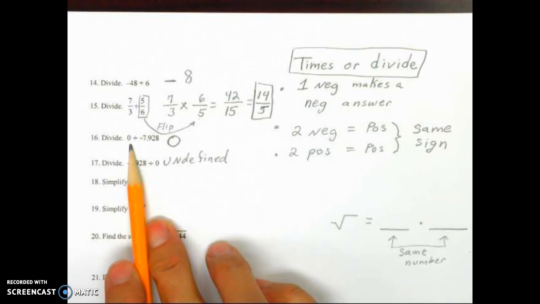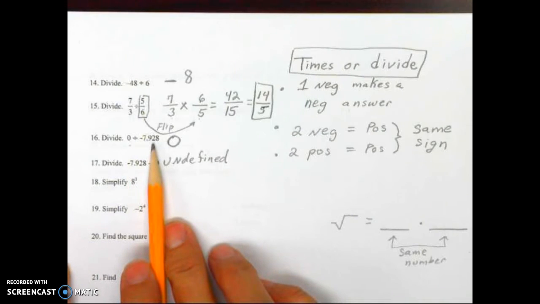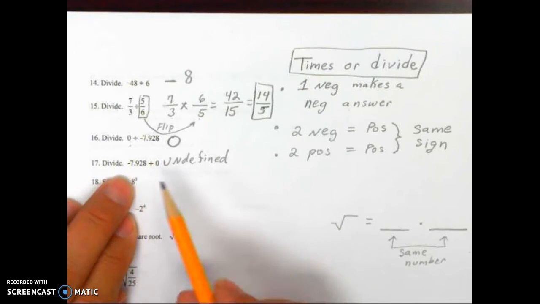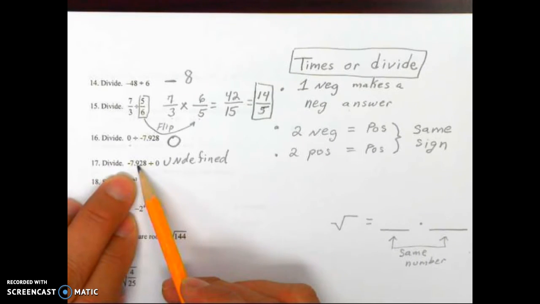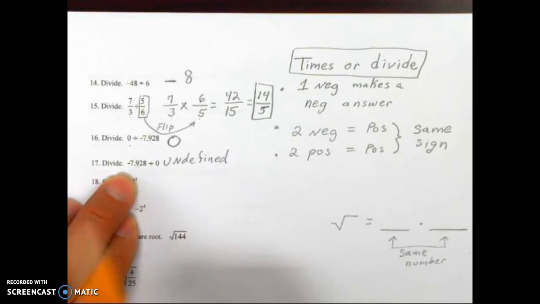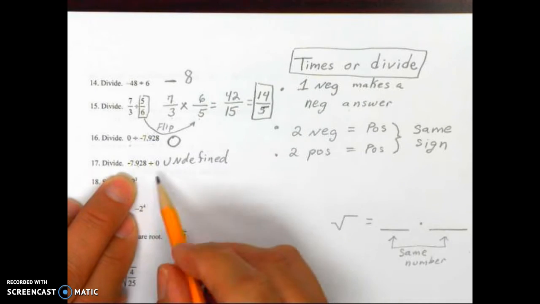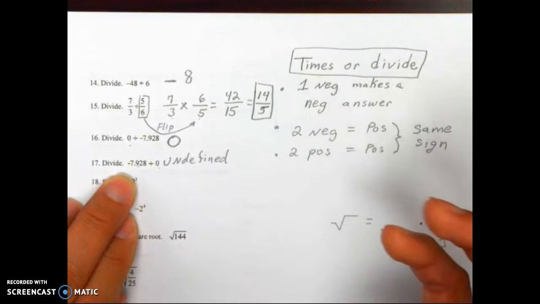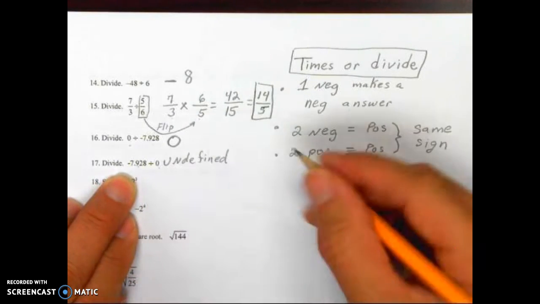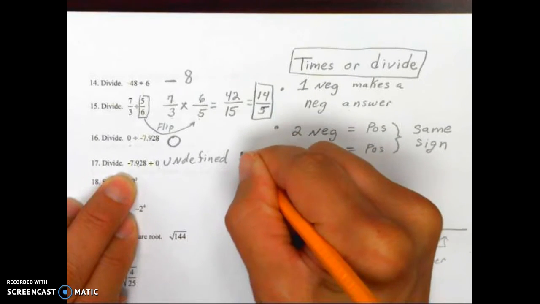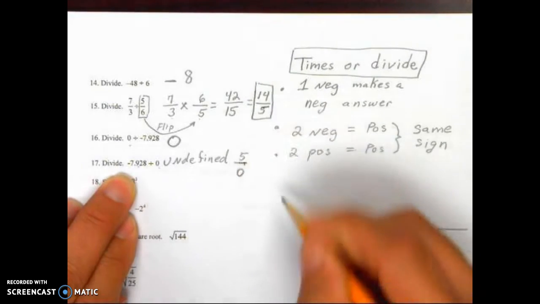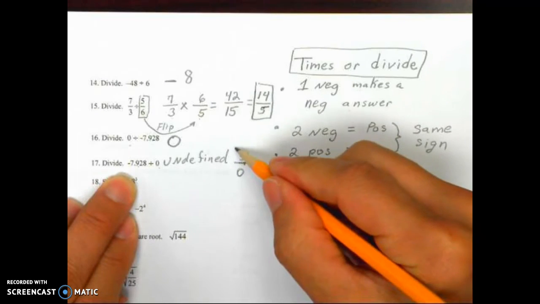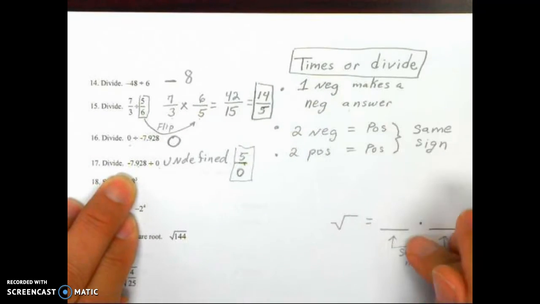That's like having nothing in your pocket, and you can divide that up and give nothing to everyone else. This one says, hey, can you take this number and divide it by the 0? And you cannot. You can't have the 0 come second, or if you ever see 0 on the bottom of a fraction, this is also undefined. So you can't have that either.